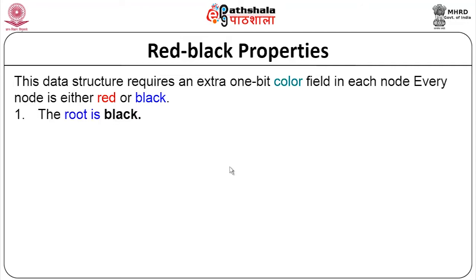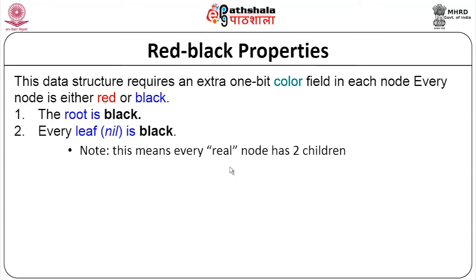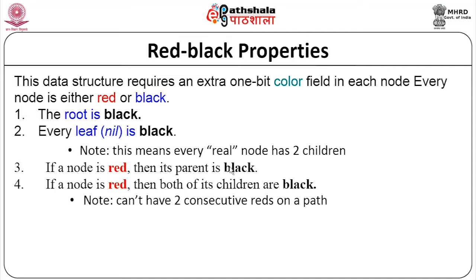Okay. Now, let us look at the properties. One is that the root is black. Okay. Then every leaf is also black. That means every real node will have 2 children, null children, and those null children will be black.